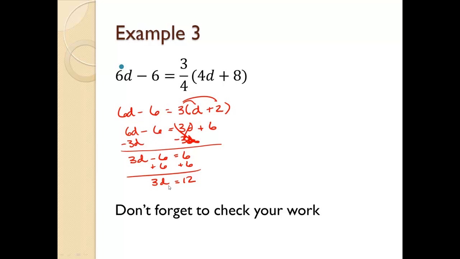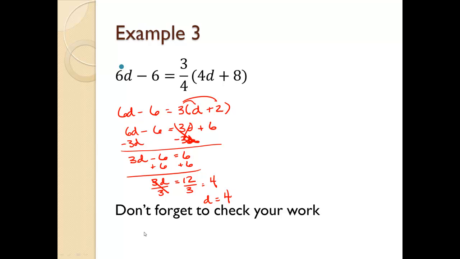Because now I've got my variable on one side with its coefficient and my number by itself on the other side. And since 3 is being multiplied by d, I'm going to divide by 3. And since I did it to this side, I have to do it to this side. And that becomes d equals 12 over 3 reduces to 4.